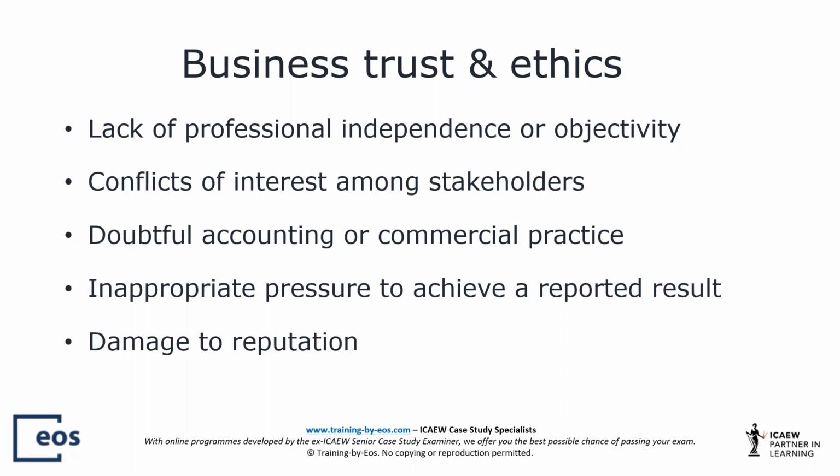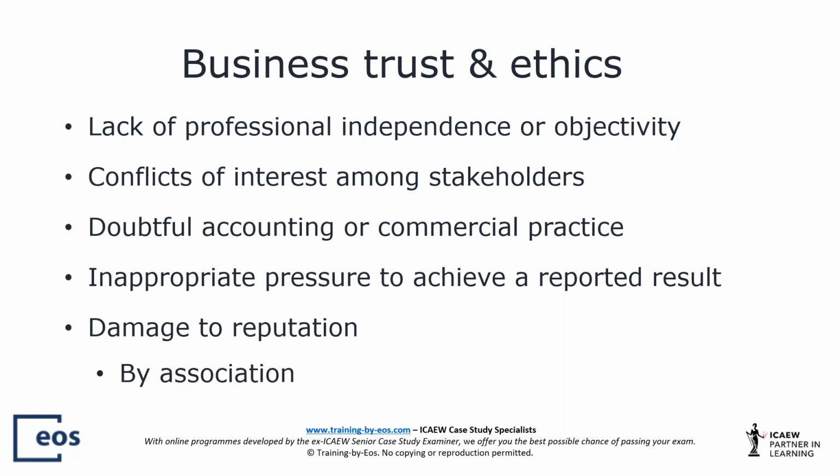If the damage is to the reputation of our company, this is usually addressed well by case study students. But if the damage is tangential, if it is damage by association, answers generally do not score as well. So what is damage to reputation by association?